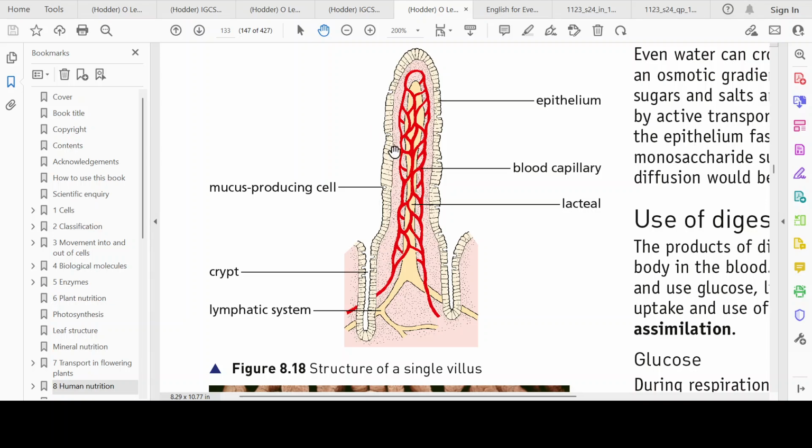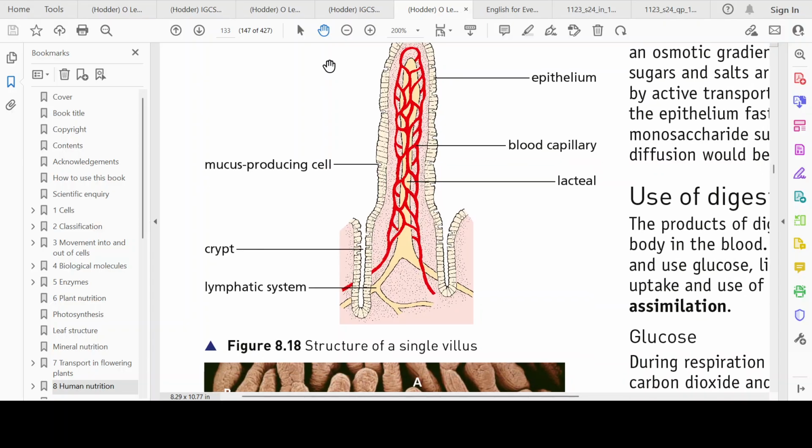Now you need to know the position of the lacteal as compared to the blood vessels in such a diagram, because questions, at least in MCQs, perhaps in paper 2 as well, have been asked about this, to label them, to identify them and their function and whatnot.